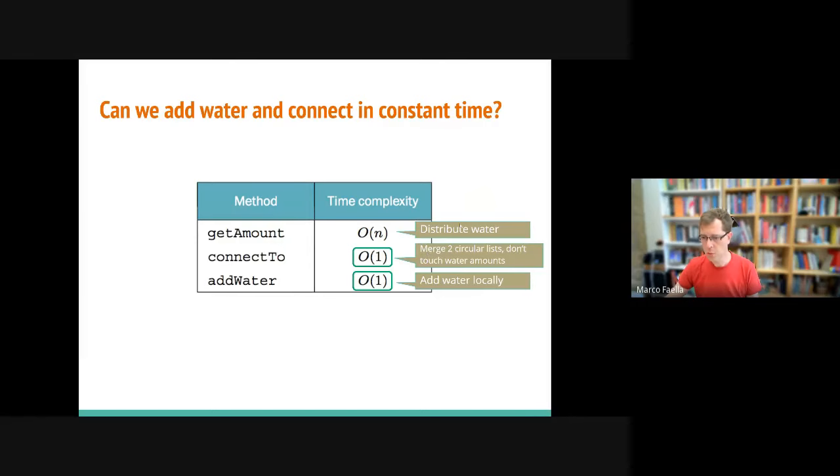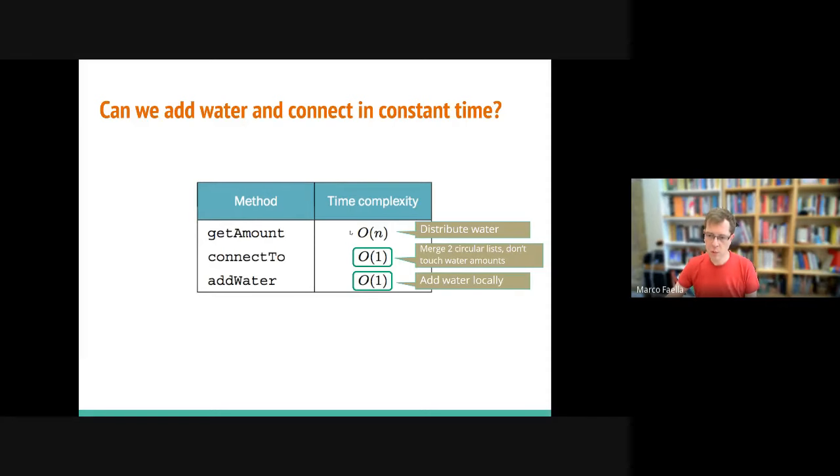Okay, so this is the situation for the circular lists. Get amount is slow because it must distribute water. Connect to merges two circular lists and doesn't touch water amounts. And add water just adds water locally. Now, can we do even better than this?